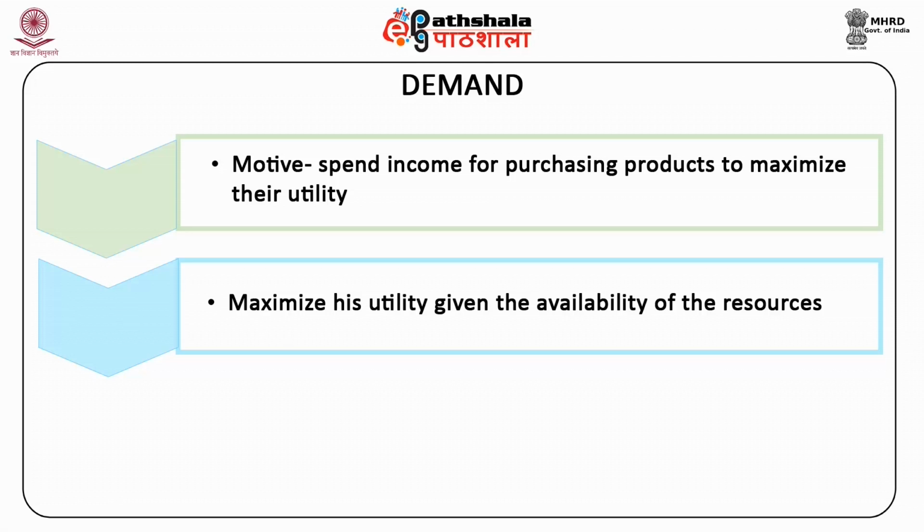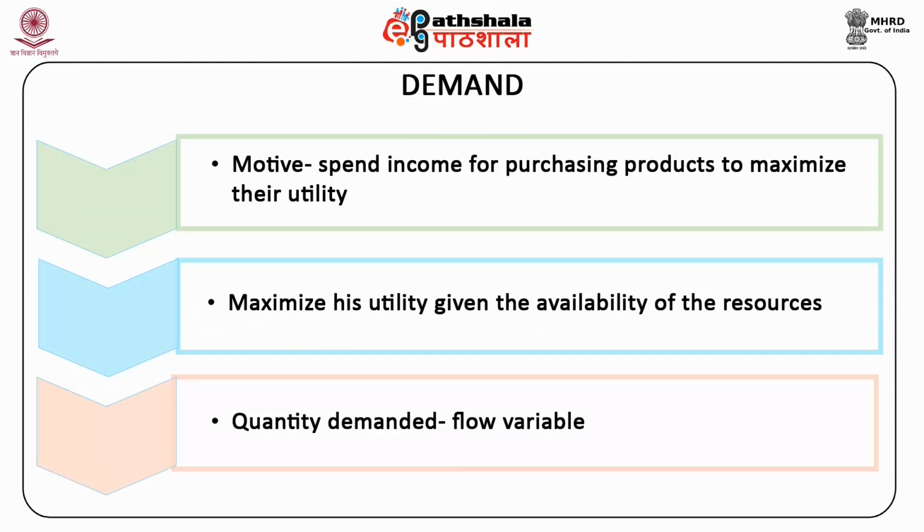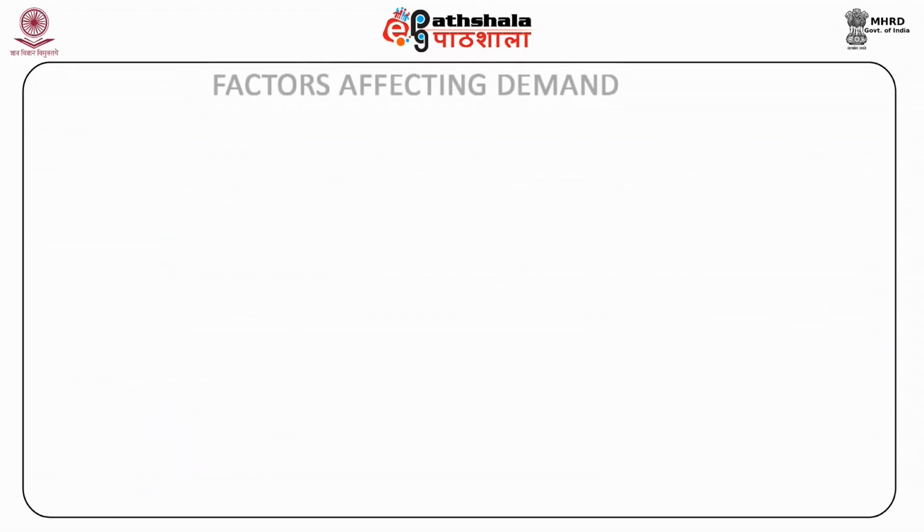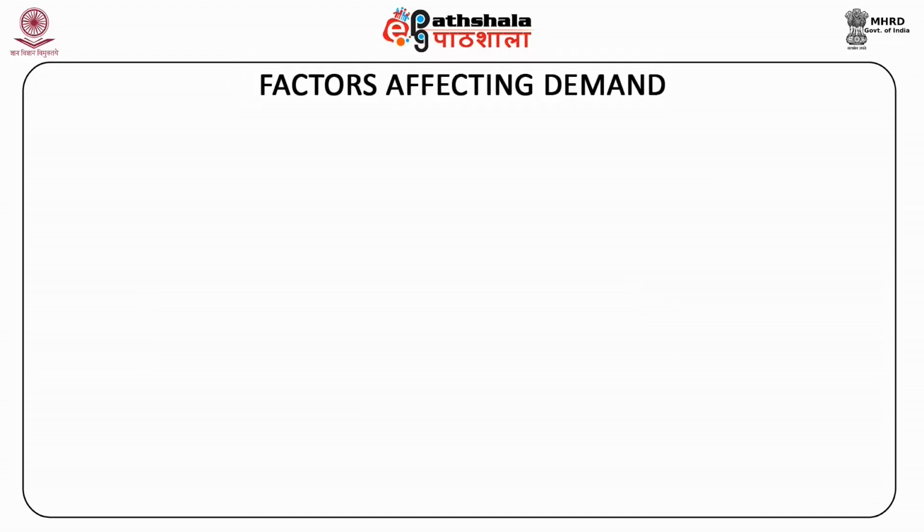The amount of a product that consumers wish to purchase is known as quantity demanded. Here, quantity demanded is a flow variable and it is a desired quantity which consumers wish to purchase in a market from the sellers.